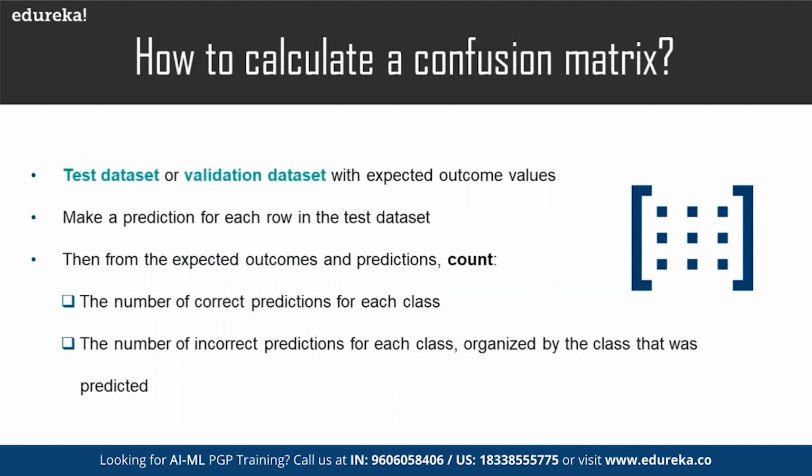Of course, such outcomes we get either through the test data set or through the validation data set. When we have the validation data set, we use the cross validation technique, where I haven't yet talked about k-fold cross validation.